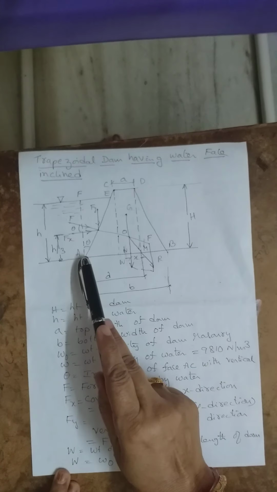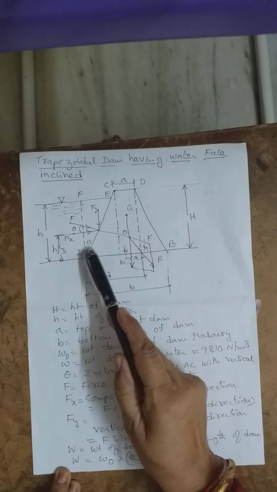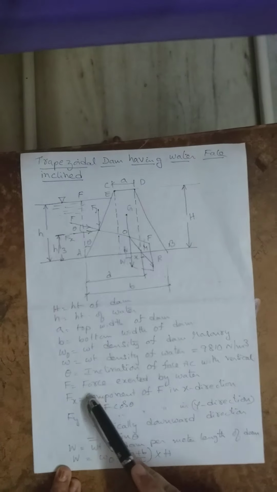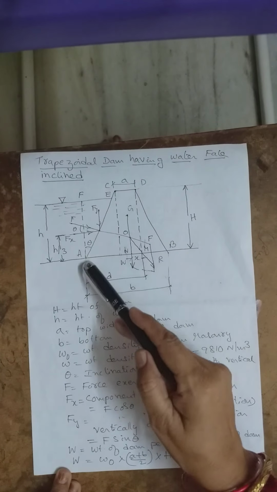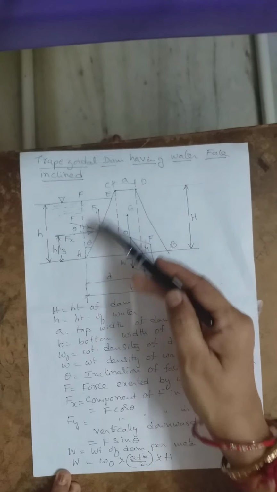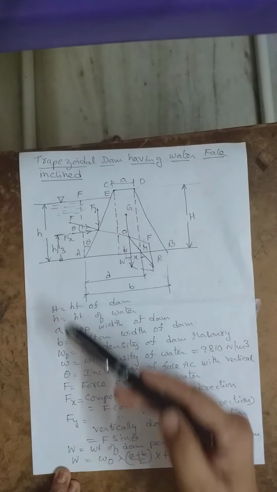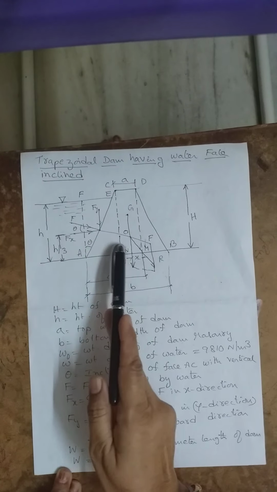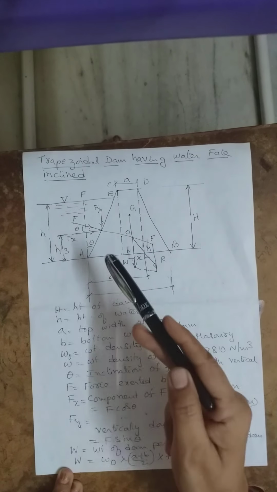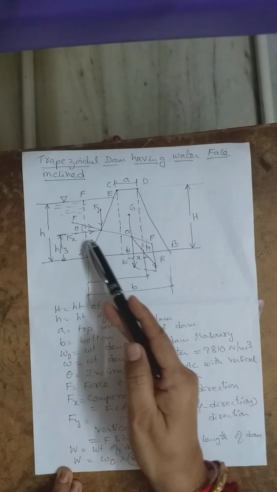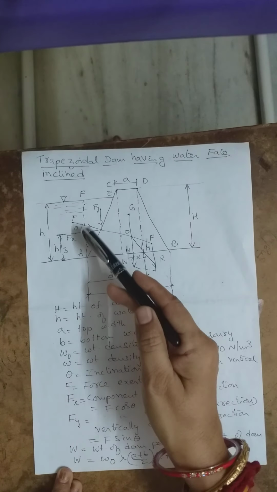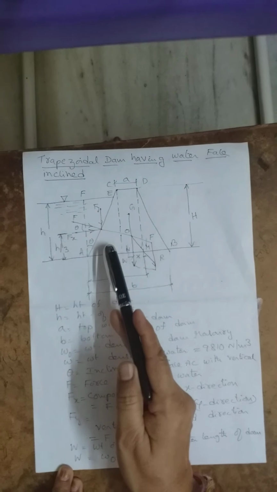And theta, if you see the figure here, I have shown theta, that this is the inclination of the face of this dam, face AC, with vertical. As it is inclined, the force F it exerts we can take as two components.